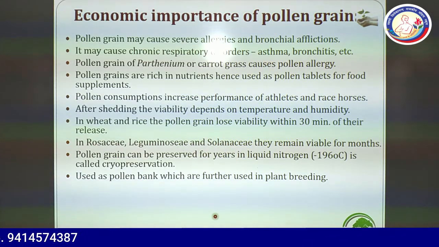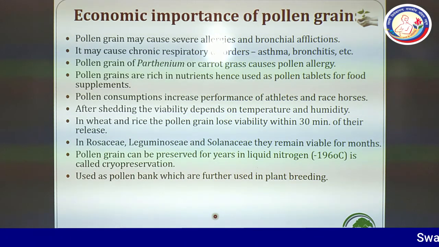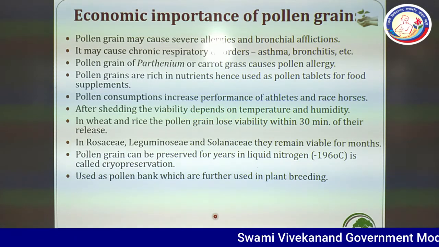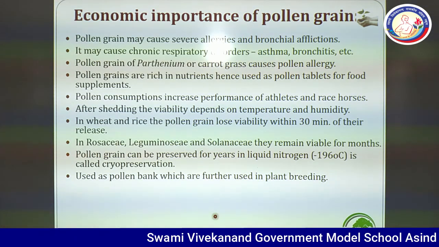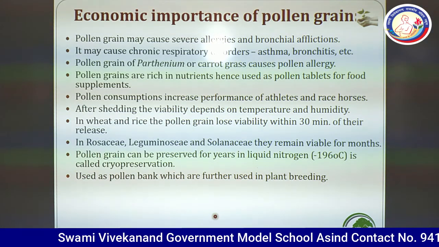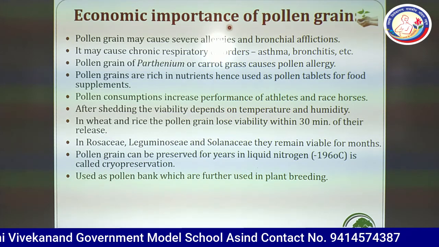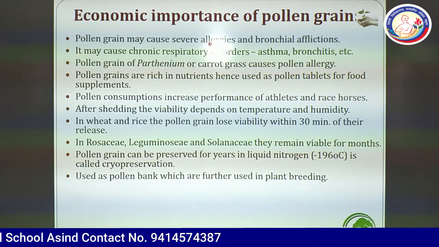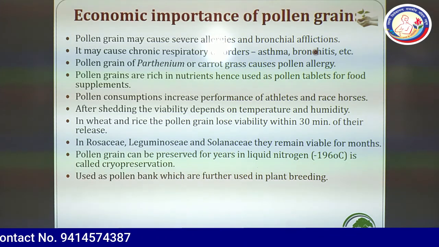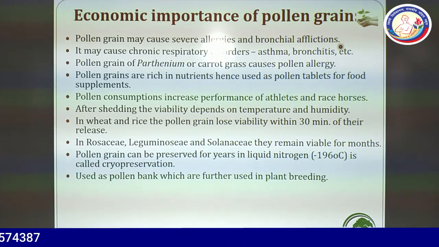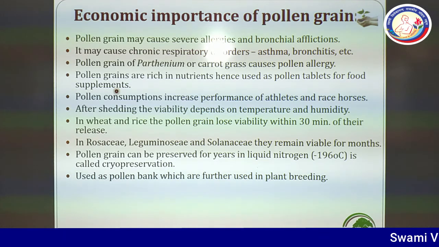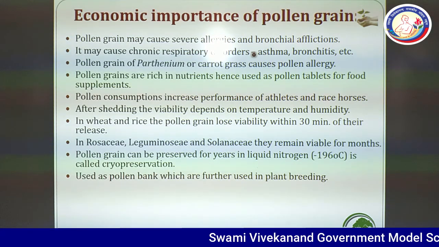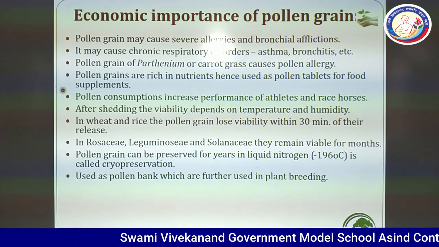As far as pollen grain is concerned, it has a large number of economic importances, and the economic importance of the pollen grain is described here. First of all, pollen grain may cause severe allergies and bronchial afflictions. You can see it causes allergy in human beings and respiratory disorders like asthma and bronchitis.